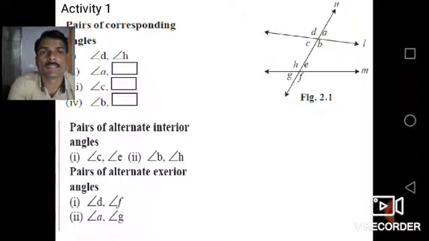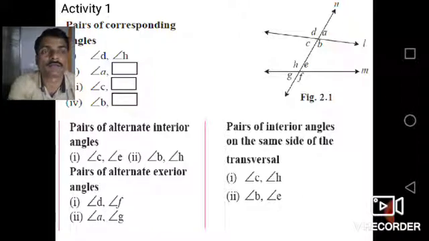Similarly, pairs of alternate interior angles, pairs of alternate exterior angles, and consecutive interior angles of the transversal are given here. Complete this activity at home.